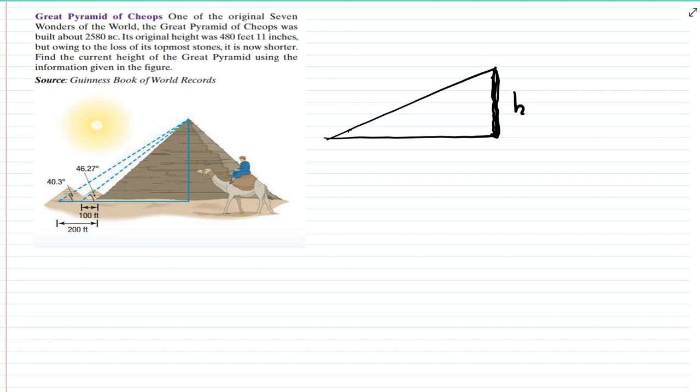And this one is the 40.3 degree angle. And this other one, the distance of the first one is about 200 feet from the base of the pyramid itself. And the second one is going to be, let's draw it like this. Like that.